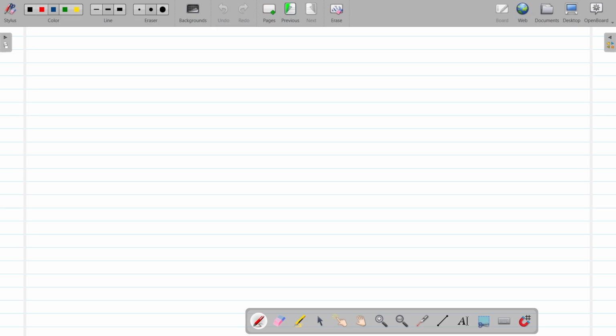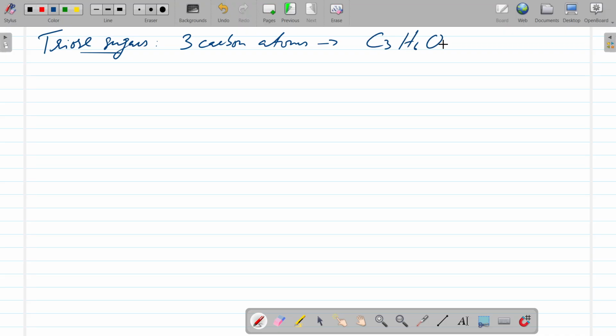So as the name suggests, triose sugars have 3 carbon atoms, and so their formula would be C3H6O3.